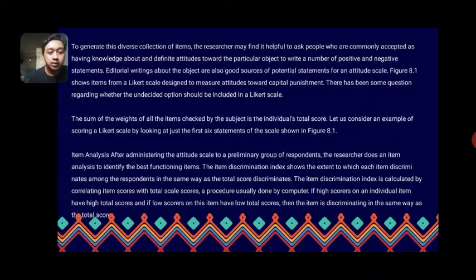The item discrimination index is calculated by correlating item score with total scale score, and is usually done by computer. If high scores on an individual item have high total scores, and if low scores on this item have low total scores, then the item is discriminating in the same way as the total score.